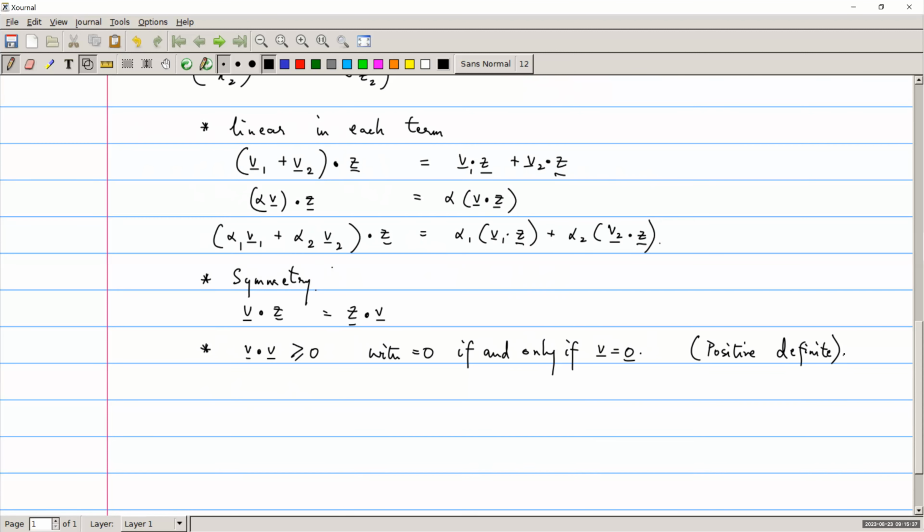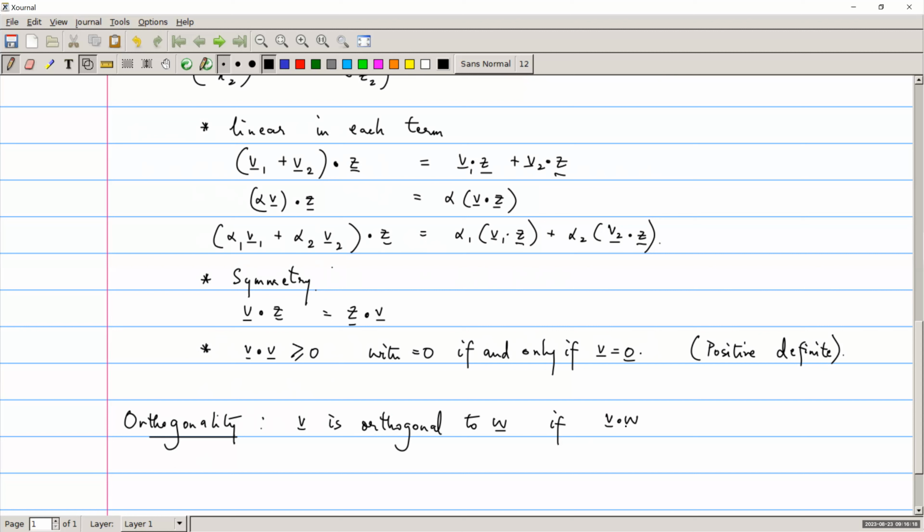And of course, there is the concept of orthogonality. When you have v and w to be non-zero vectors, you call v and w orthogonal if the dot product is 0. V is orthogonal to W, or V and W are orthogonal, or W is orthogonal to V, they're all the same thing.